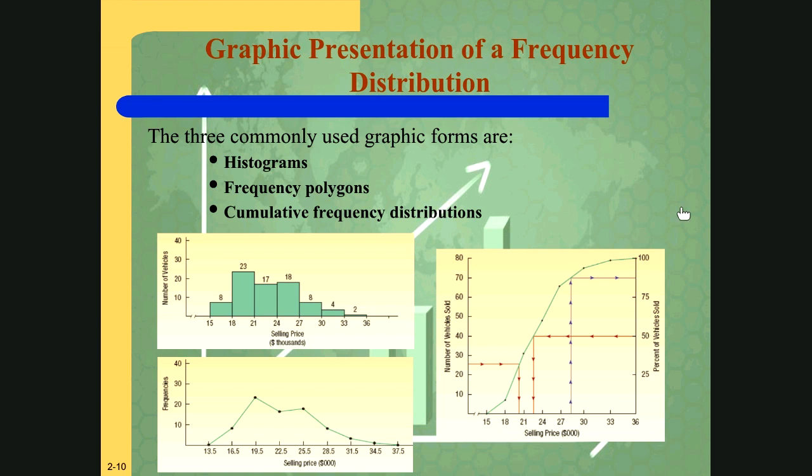So when you're doing a graphic presentation of a frequency distribution, there are 3 commonly used graphic forms: the histogram, frequency polygons, and cumulative frequency distributions. Now, there's no correct or incorrect answer, but if you were presented with this report, which one is the easiest for you to understand?